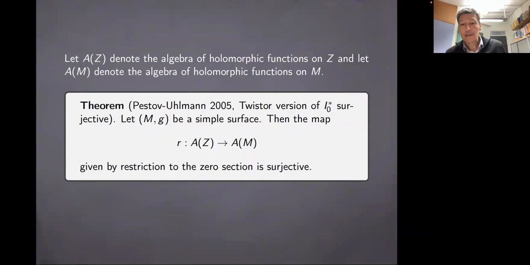Or if you like, if you give yourself a holomorphic function on the zero section, that extends to a holomorphic function in the larger ambient twistor space. So this is a little bit like this sort of Cartan extension property that Stein surfaces have. And this is a very satisfying way of reinterpreting the surjectivity result of Pestov-Uhlmann.